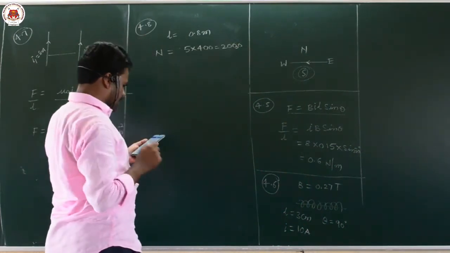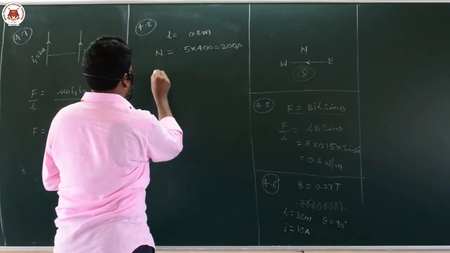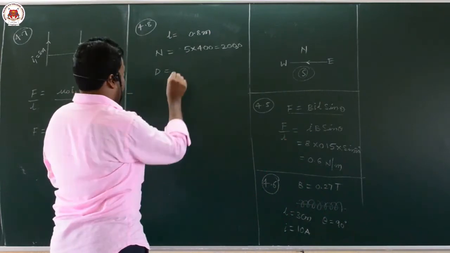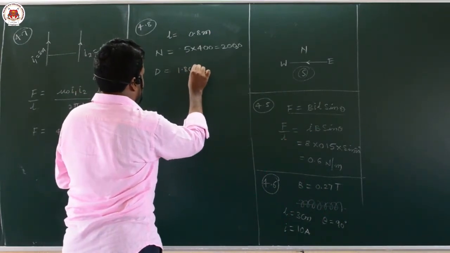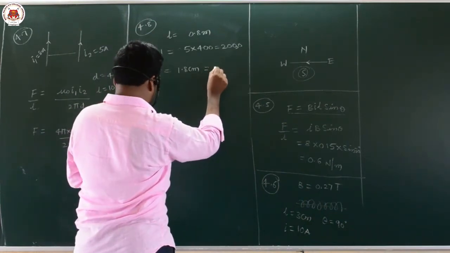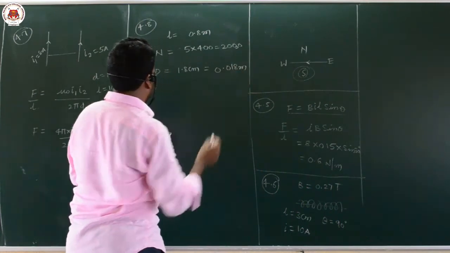And next, diameter of the solenoid is given as 1.8 centimeter, that is equal to 0.018 meters. This is diameter.